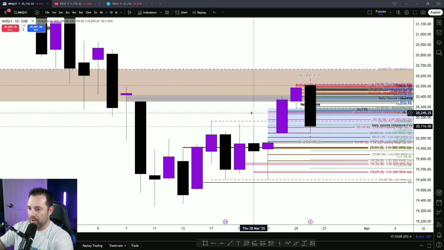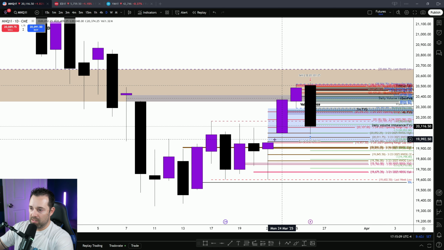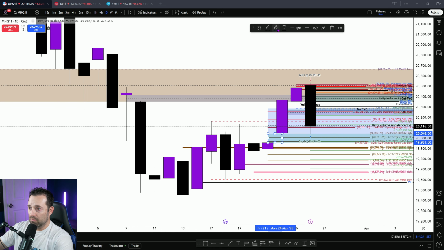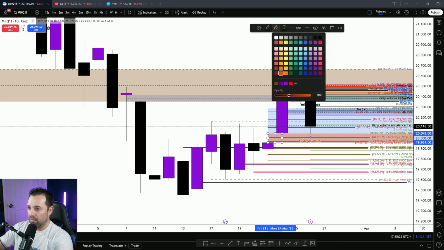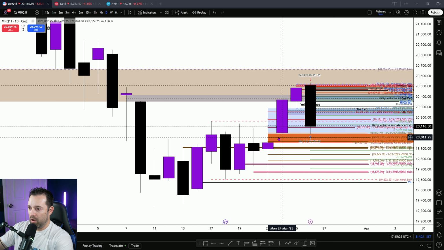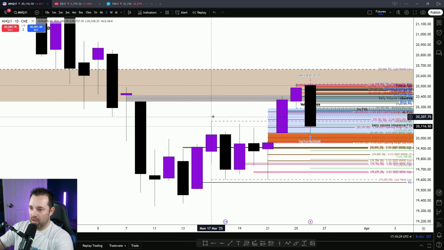Monday, we came up and took all these highs, leaving this volume imbalance right here. Bring your attention to this right there. Let's make it orange. Okay, volume imbalance. Now, if it leaves this volume imbalance going up, where's it headed to?